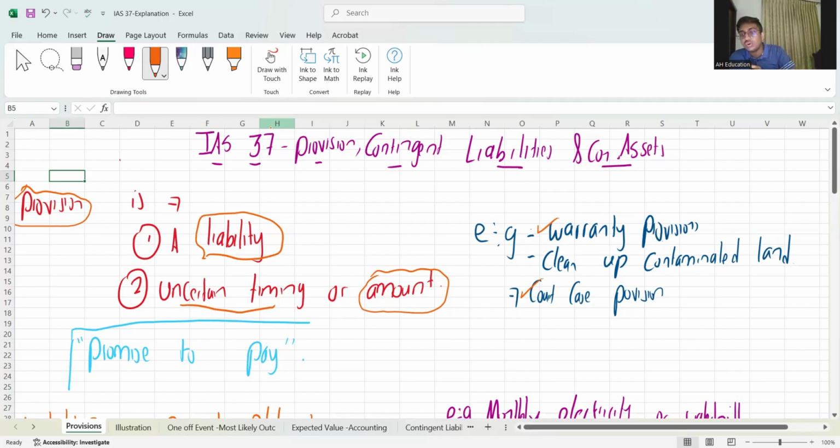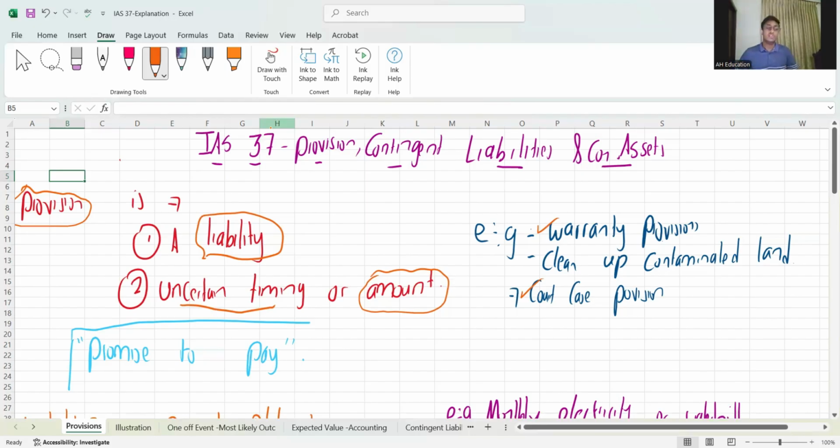And you know judgment is not given within a day or within a month. It drags and drags, sometimes more than 3 to 5 years. So a court case provision is also a liability, but we cannot exactly determine for how long we need to recognize that provision, or how much is the final payment that I need to release in terms of that particular case.